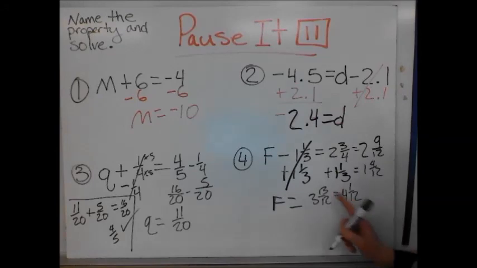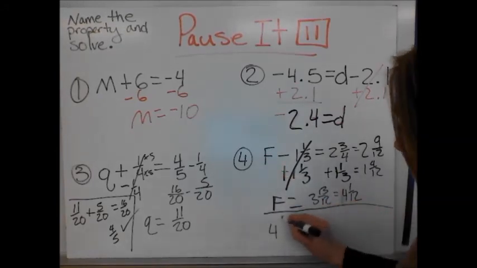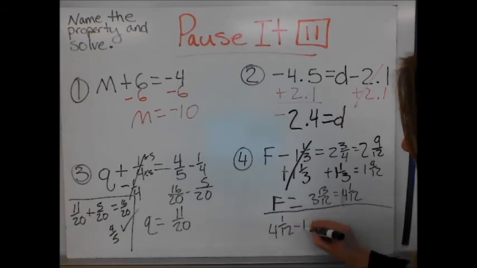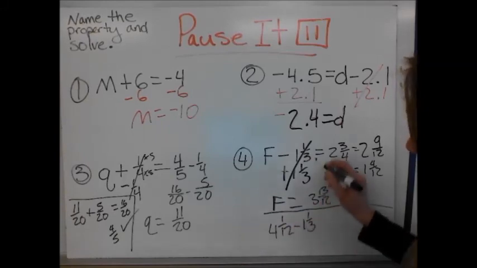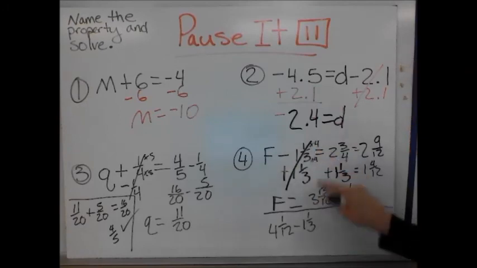And if I plug 4 and 1/12 in for F, let's see what happens. 4 and 1/12 minus 1 1/3. I'm going to go ahead and change that so I have like denominators. So 1 and 4/12 is what this would become.